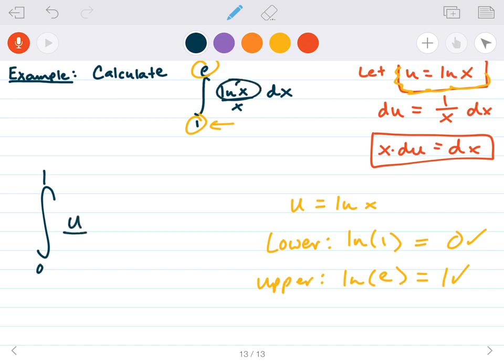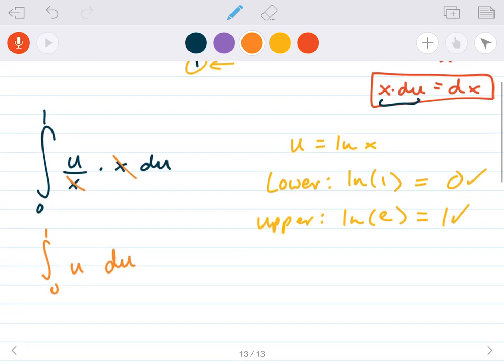So that's going to be u over x, and dx is the same thing as x times du. And this is the point where you say, oh, I did this right, because the x's cancel out, and now you're just in terms of u. All right, so I have 0 to 1, u du.